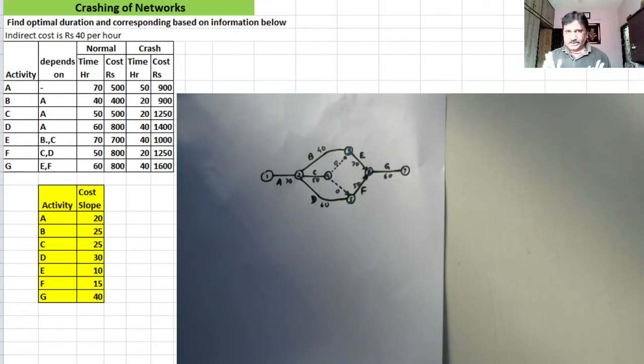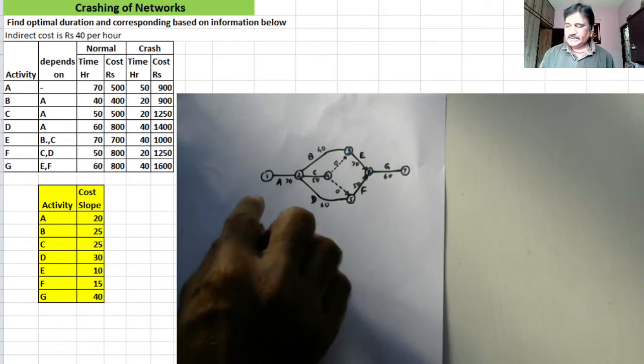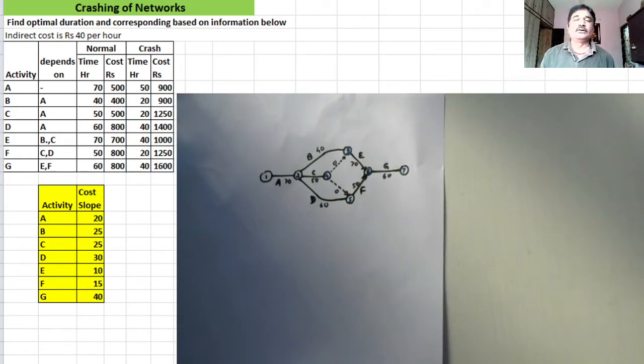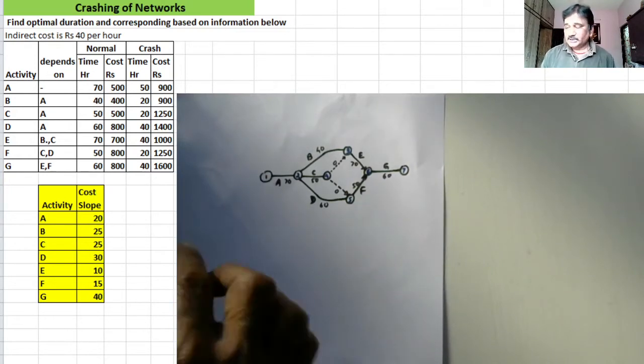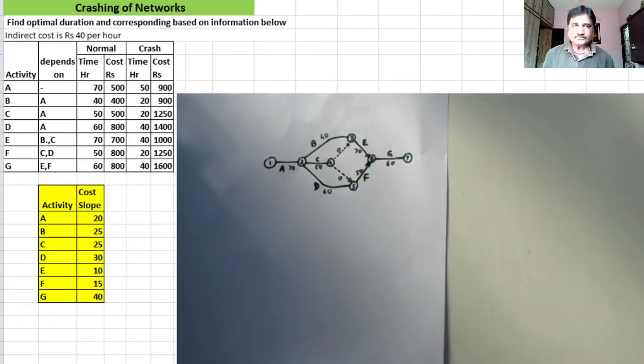Now, the lengths of the activities are not a real representation of the activity duration. We have simply drawn a segment to indicate that it is an activity. 70 we have written just for our information that A takes 70 hours to complete. That length is not 70, right?